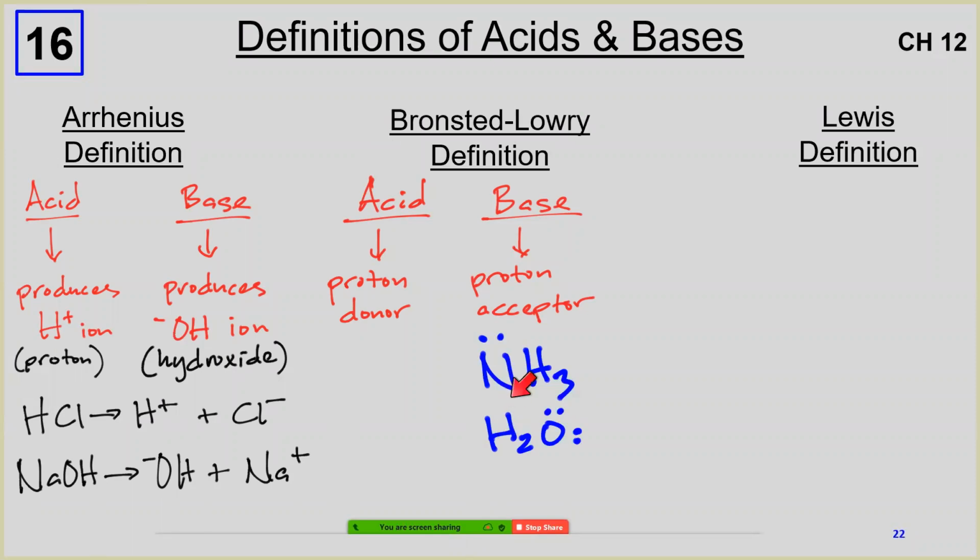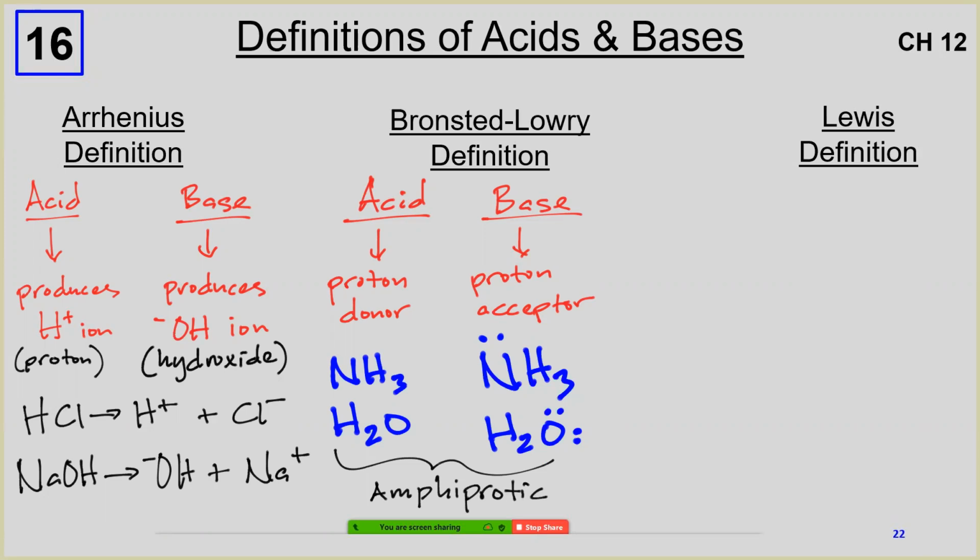Likewise, both of these molecules can also act as an acid, and the reason why is because they contain hydrogens. These hydrogens are protons. They can be donated. And so that means ammonia and water can act as an acid and also as a base. And the term here is amphiprotic. So they can accept a proton, they can also donate a proton.